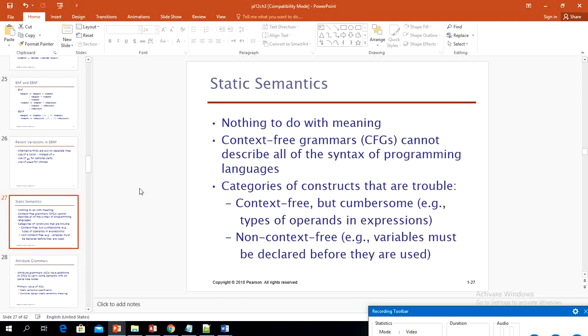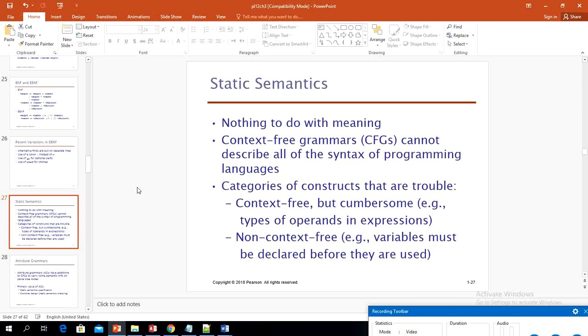In static semantics, static semantics is not about the meaning of the grammar, because context-free grammar cannot describe all of the syntax of programming languages. It describes most of it, but not all of it. Some rules are context-free, like for example the types of operands in expressions, and some are non-context-free, like variables that must be declared before they are used.